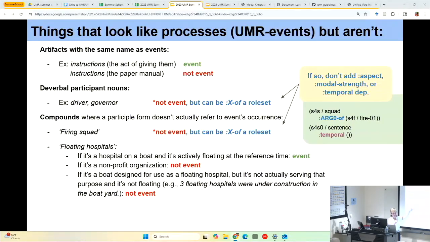You still could annotate this as a state if you feel like they're really talking about the floating event, if it's significant to the discourse. If it's a nonprofit organization and you're just talking about the organization, don't treat it as an event. If it's a boat that's designed to be a floating hospital, but it's not actually floating, don't treat it as an event.